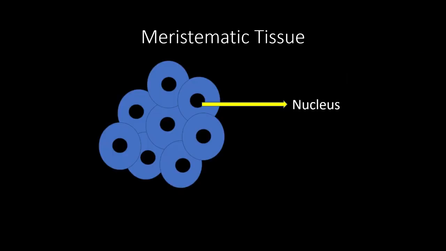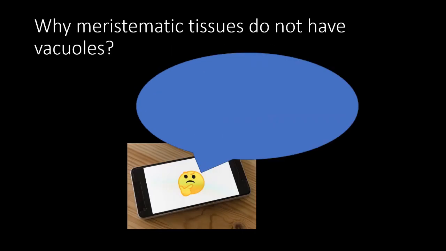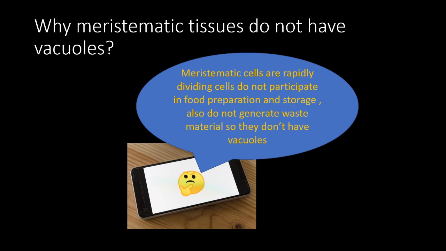See, in this structure, you can see the prominent nucleus of the cell of meristematic tissue. The cytoplasmic area is dense over there and you can see the thin layer of cell wall. Now, why do meristematic tissues not have vacuoles? The question arises. Meristematic cells are rapidly dividing cells.